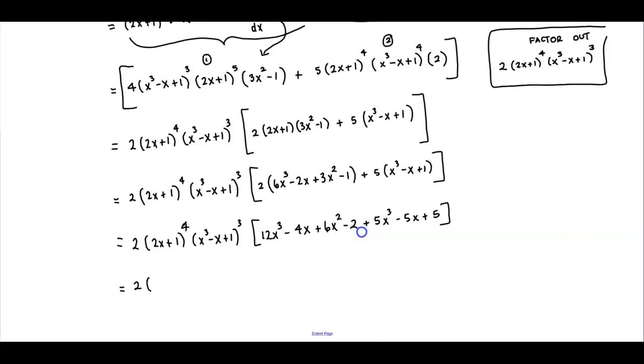So we have 2 times (2x + 1) to the 4th times (x cubed - x + 1) to the 3rd power.